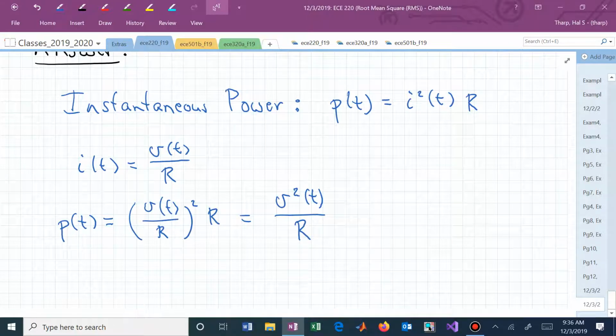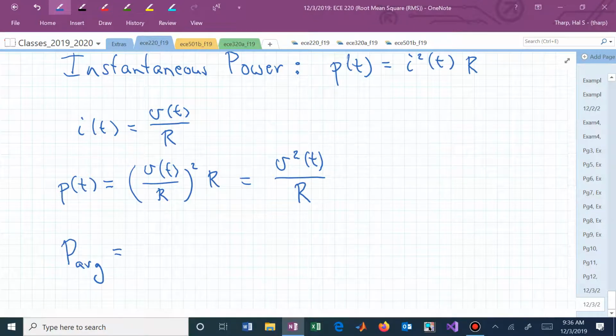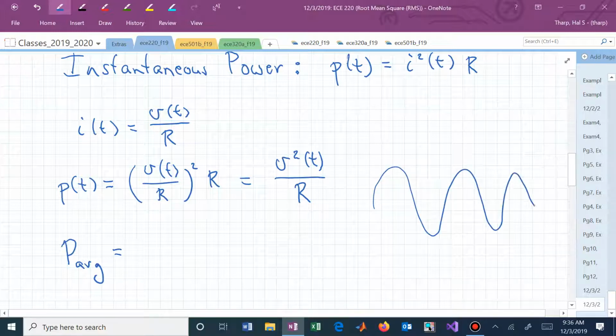What's the average power? How do we find average from an instantaneous? We know V is going something like this. That's V of t. How do we find the average of that?